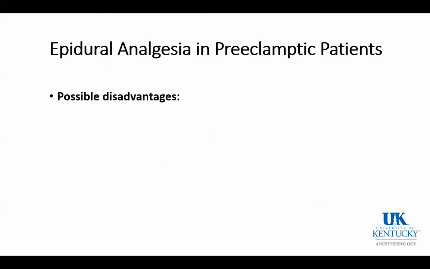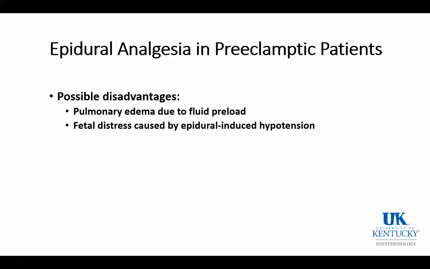There have been people who have said we should really think very carefully about doing epidural in preeclamptic patients because there are some disadvantages. One is that with the fluid preload that we give, we could put these patients who are at risk into pulmonary edema. The other is that if we cause hypotension with our epidural, we're going to precipitate significant fetal compromise.